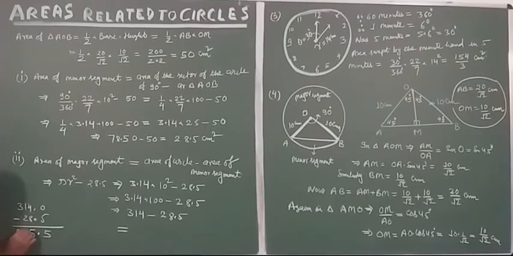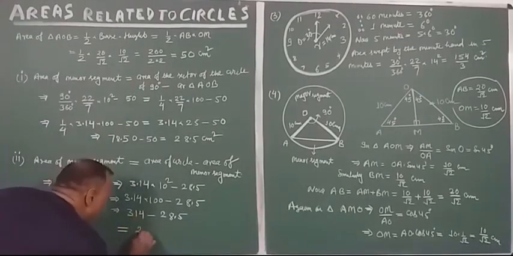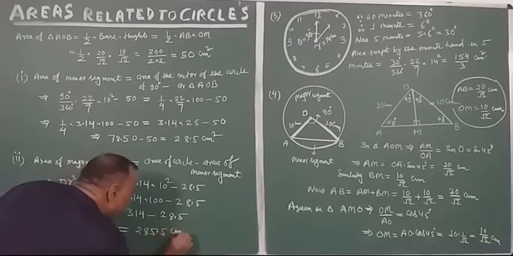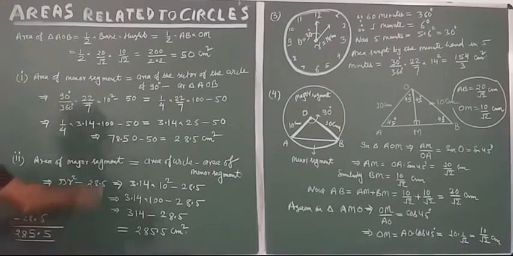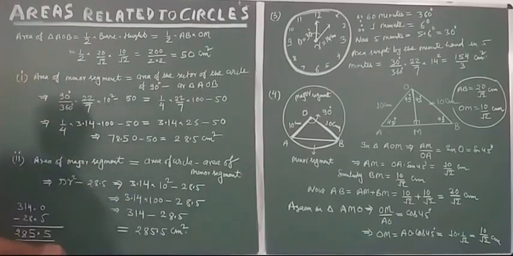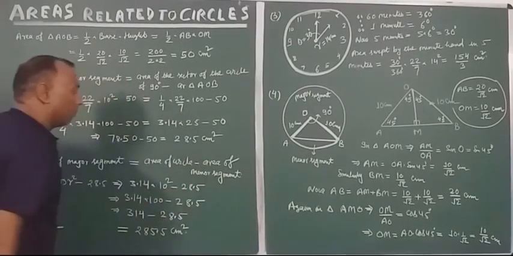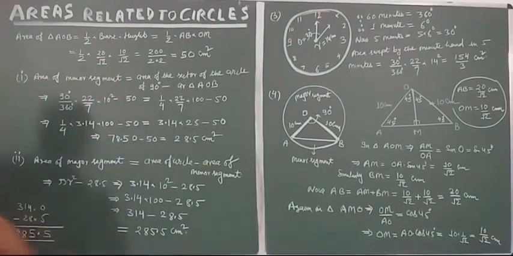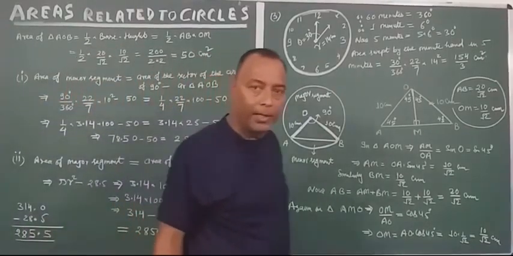So this is 285.5 centimeter square. So what is the area of major segment? That will be area of circle minus area of minor segment. So this will be 285.5 centimeter square.